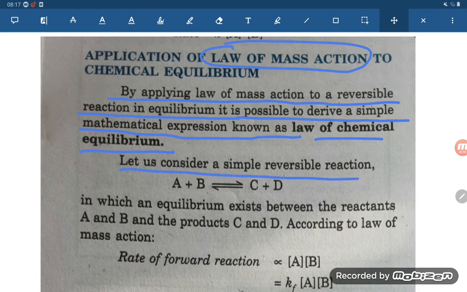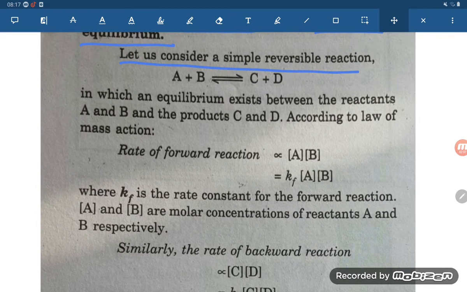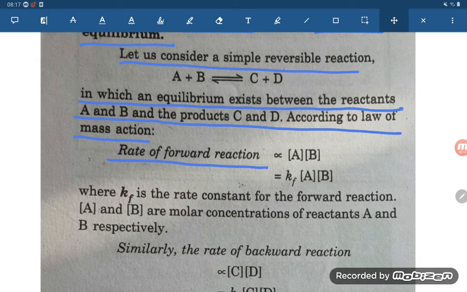Let us consider a simple reversible reaction A plus B giving C plus D, in which equilibrium exists between the reactants A and B and the products C and D. According to the law of mass action, the rate of forward reaction is proportional to the concentration of A and B, the active mass of A and active mass of B.